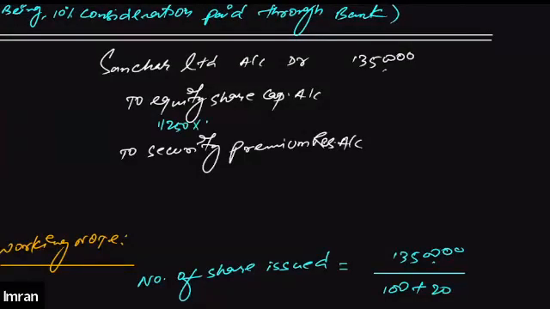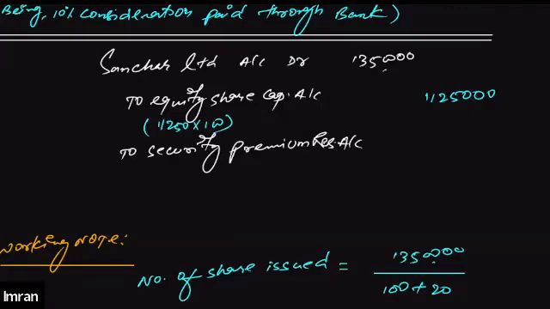So we need to write this here: 11,250 multiplied by 100. We will get 11 lakh 25,000.